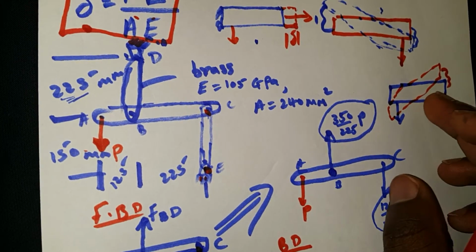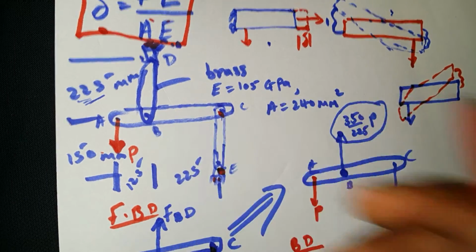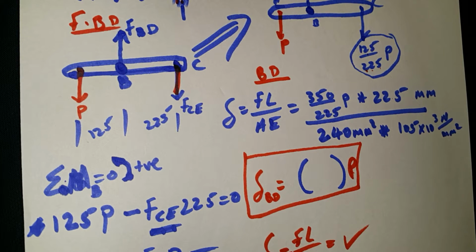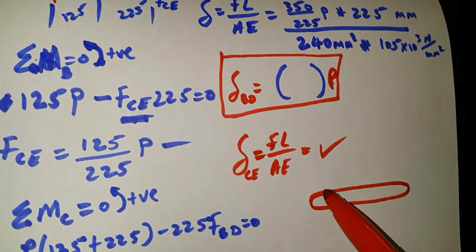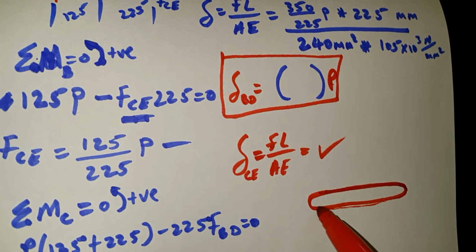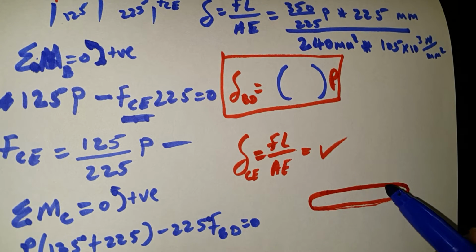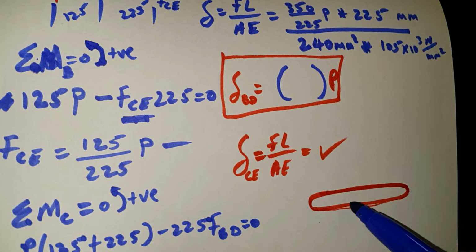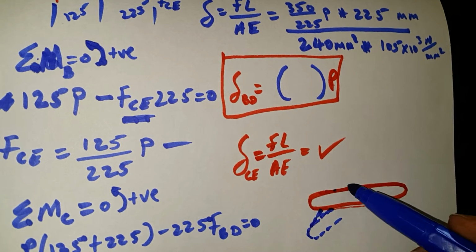So this is the same as here, because we apply the force somewhere here. So we will have our initial member like this. Then when the force is applied here, you will see that this one will come down and this one will go up.